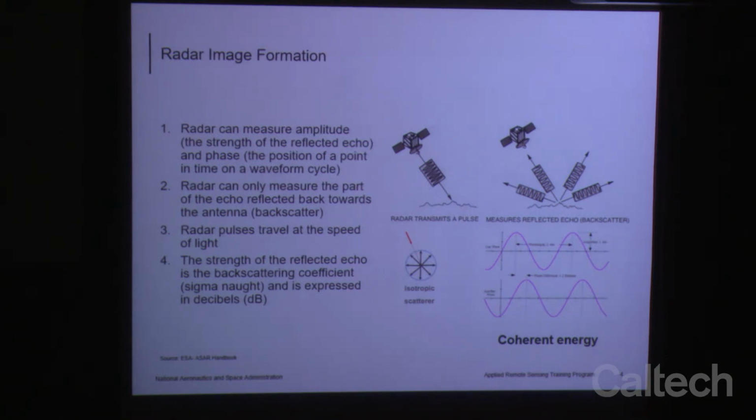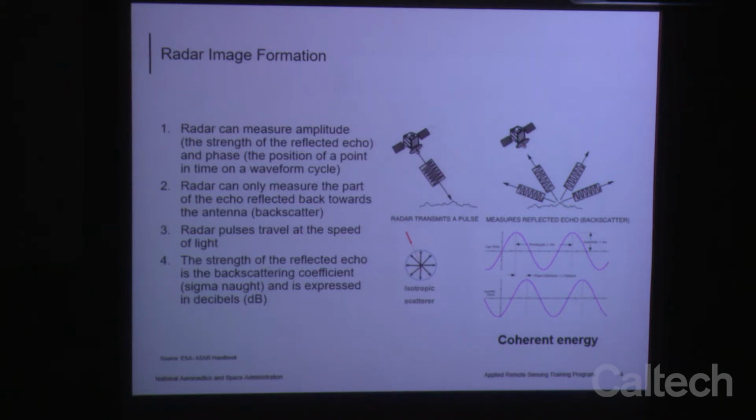The concept of radar is that it's an active sensor, meaning it transmits its own source of energy, a coherent waveform that propagates through space and interacts with the media that you're trying to characterize. The energy will then scatter generally in all directions, and some of that energy will come back to the sensor.